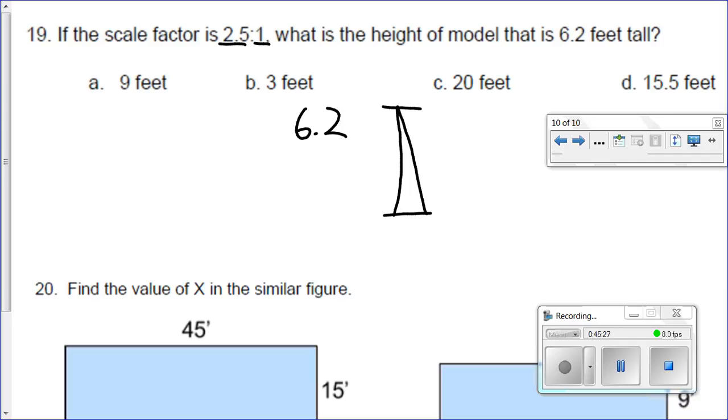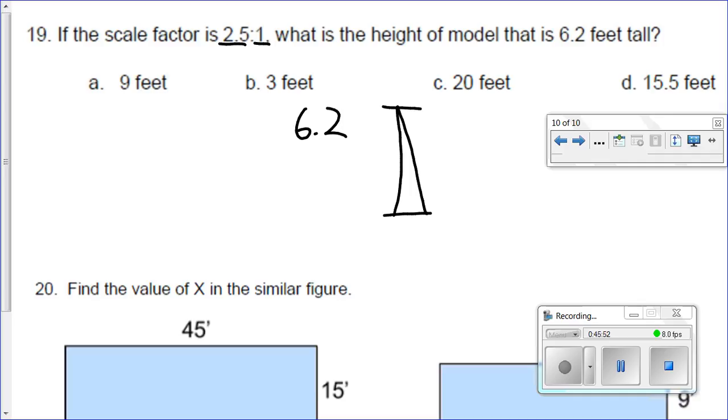Maybe you decided to model a large Christmas tree. I'm just going to go ahead and do this one for us. So we decided to model some larger Christmas tree. And we used the scale of 2.5 to 1.